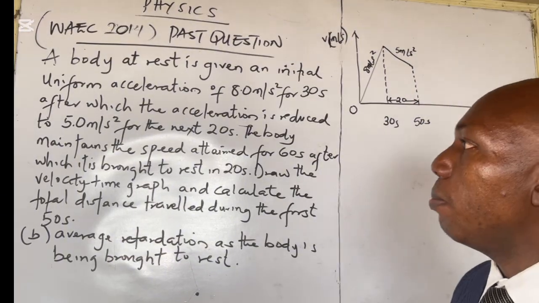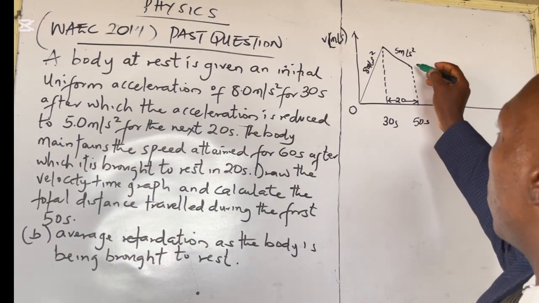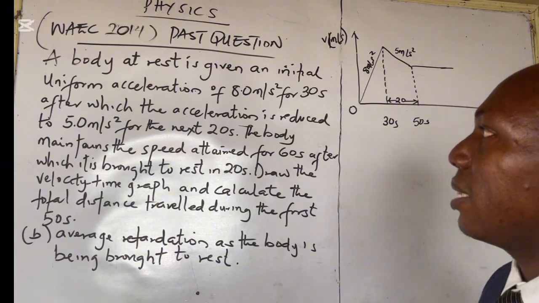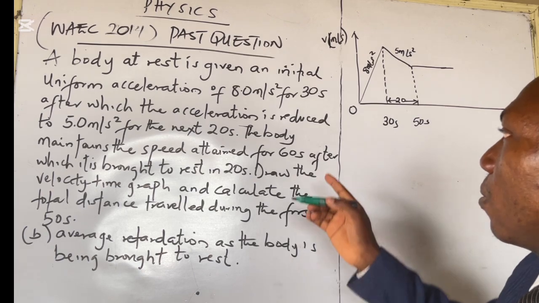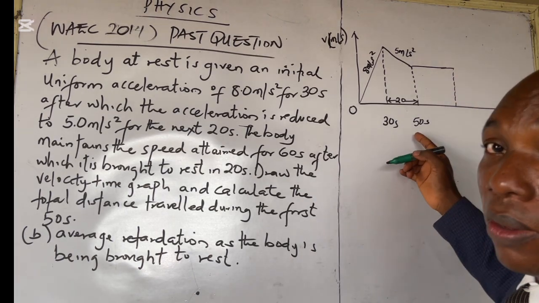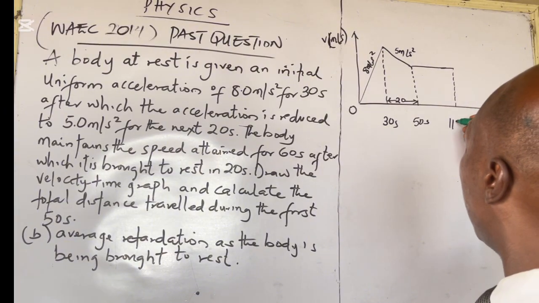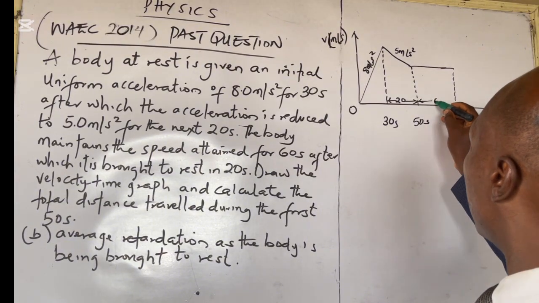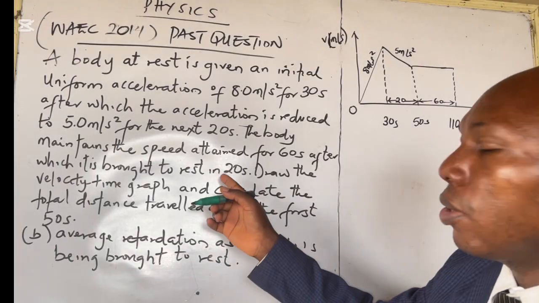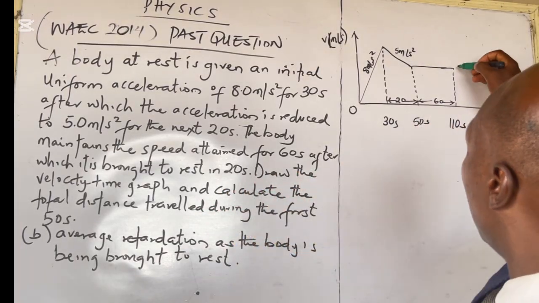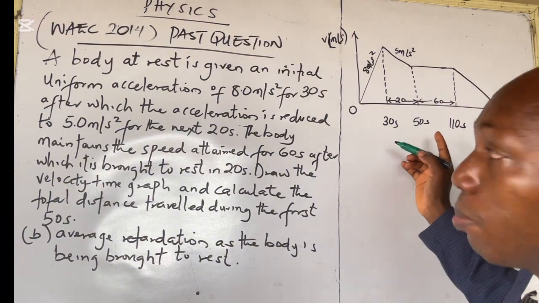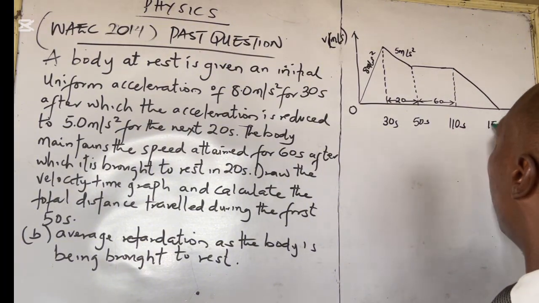And we're told that the body maintains the speed, that means the constant speed, for 60 seconds. So from here, 60 plus 50, that's 110 seconds. So from here to here is 60. After which it is brought to rest in 20 seconds. So 20 plus 110, that's 130 seconds.